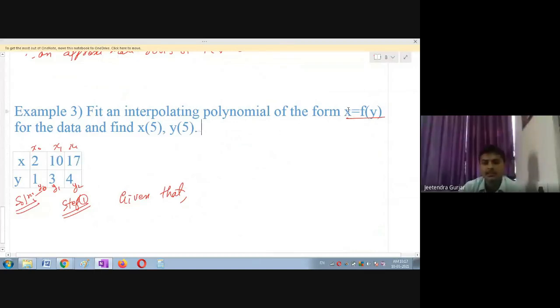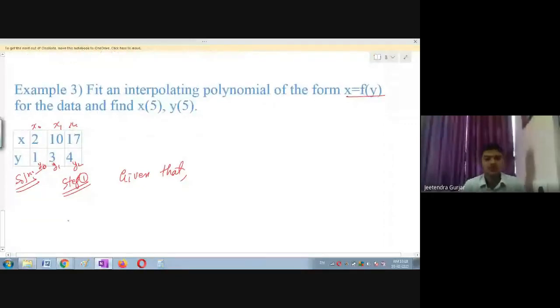Yes, Lagrange's interpolation formula, but you can see here x is given. So x is equal to f of y is the clue to understand this problem, with all the details I have given. So you have to just use it now.